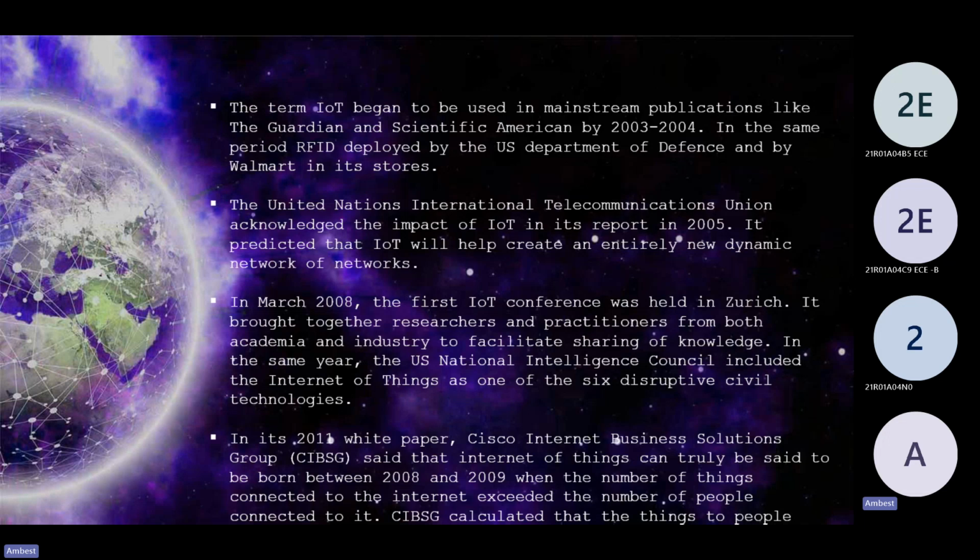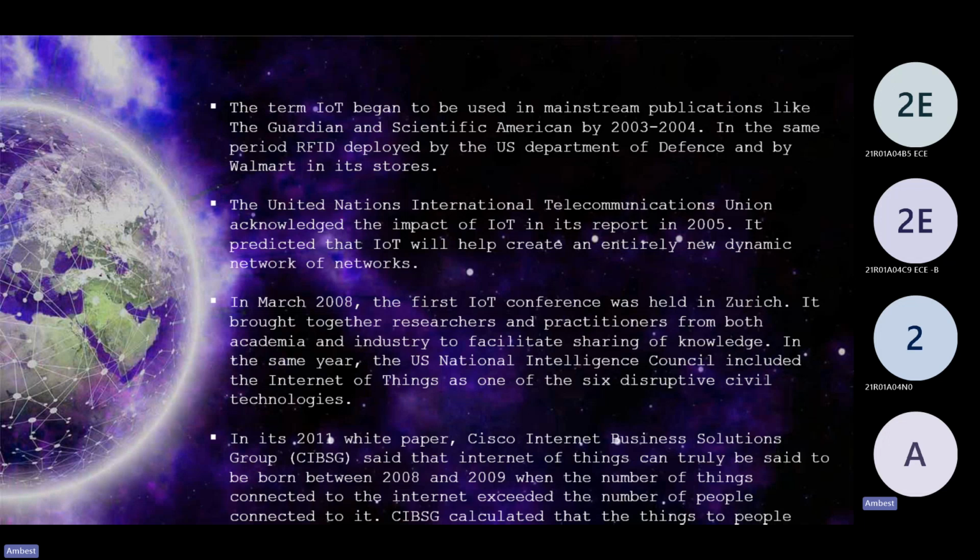In the same year, the US National Intelligence Council included the Internet of Things as one of the six disruptive civil technologies.